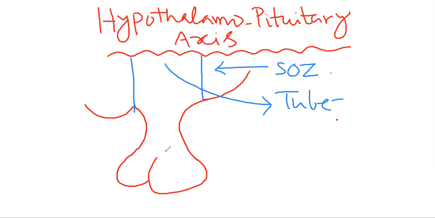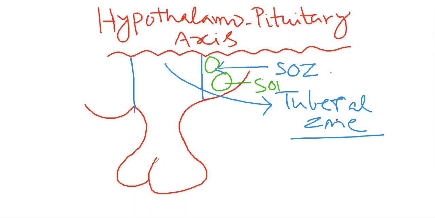Now, what happens in these two zones? The supraoptic zone consists of two important nuclei related to this hypothalamo-pituitary axis, the supraoptic nuclei and the paraventricular nuclei. So this is the supraoptic nuclei and this one is the paraventricular nuclei.